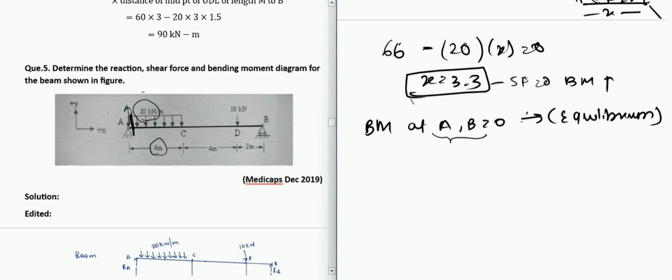So what we have now is the bending moment at some point x, which is 3.3. Let us say this is 3.3 from here. A load of 20 into 3.3 will be acting downward still. Let us say we are calculating bending moment on the left of this. There is also a sign convention here. If you are calculating from the forces on the left, then you need to give clockwise as positive and anti-clockwise as negative.